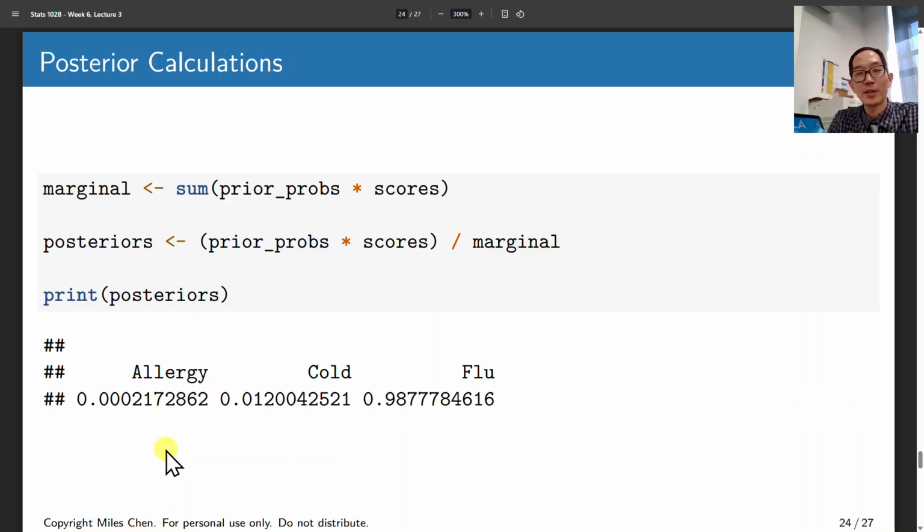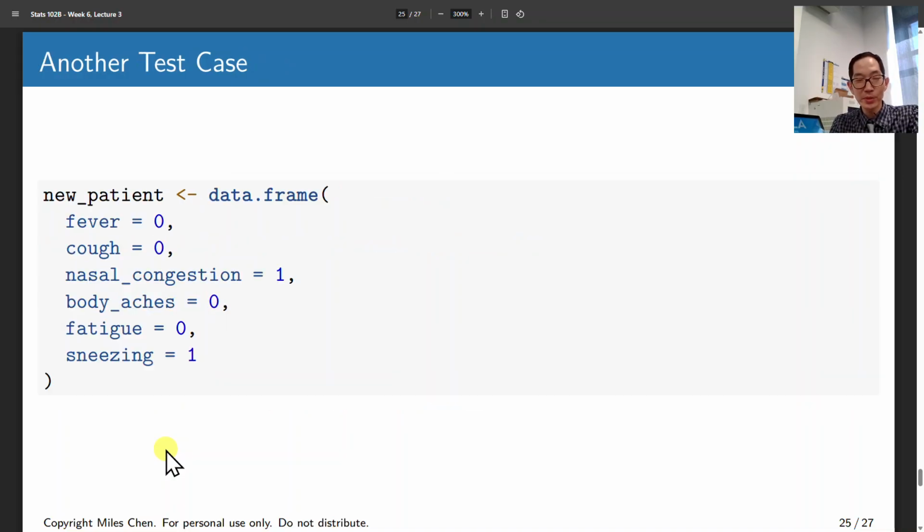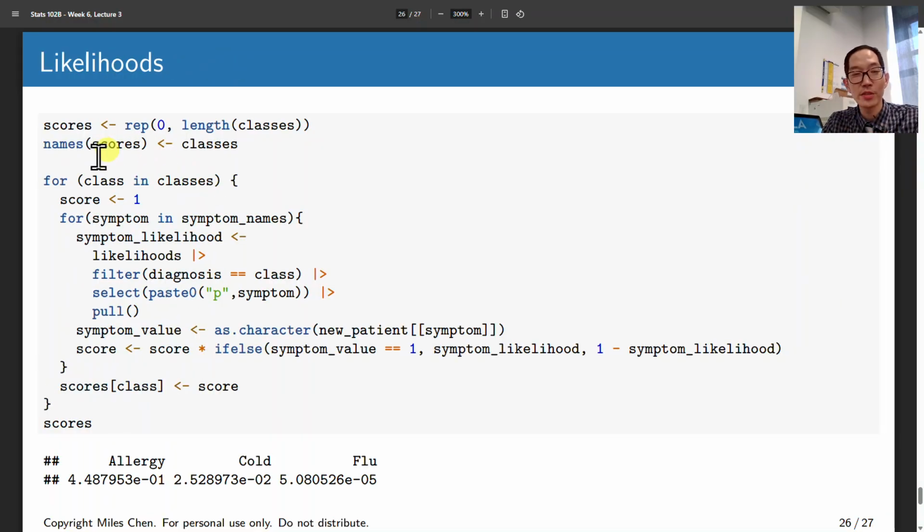All right, here's just another example, where here's a new patient. They come in with no fever, no cough, yes nasal congestion, no body aches, no fatigue, yes to sneezing. And so I could do the likelihoods for their symptoms.